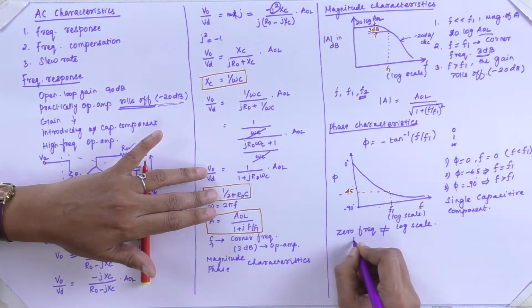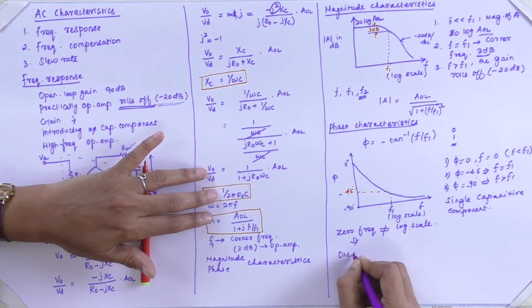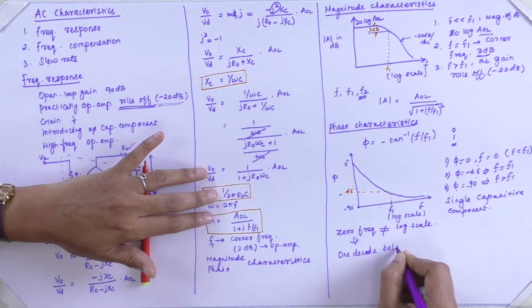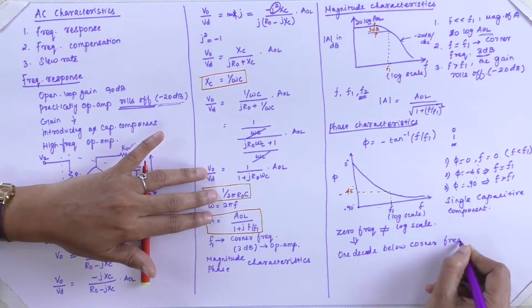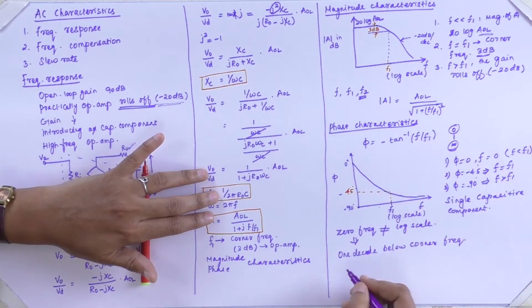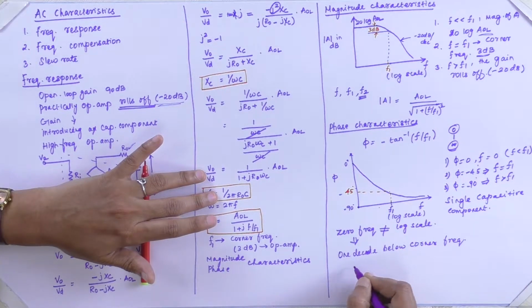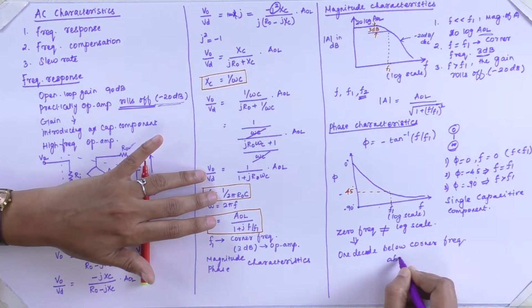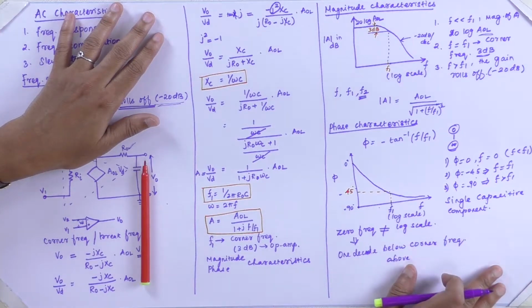Whereas for the infinite situation, we can say 1 decade above the corner frequency. So these things are to be remembered for the phase characteristics.